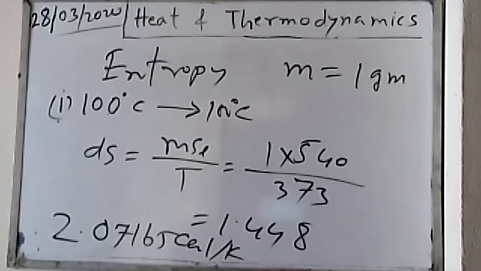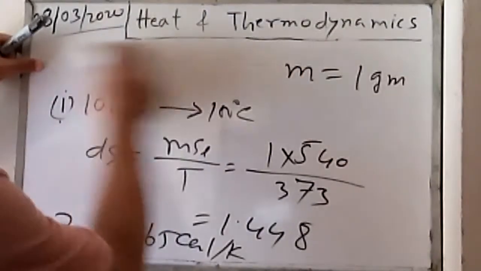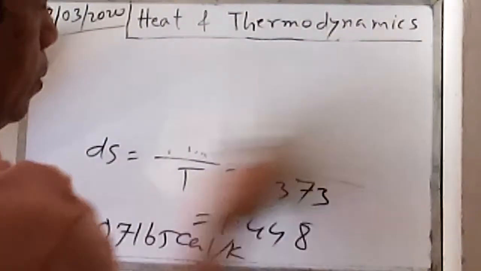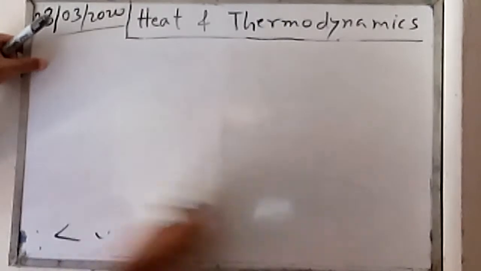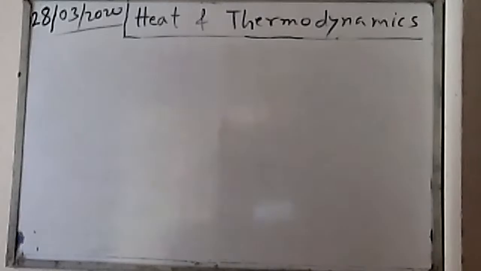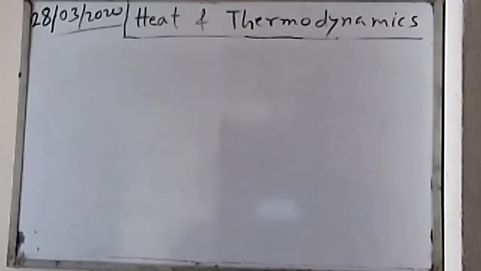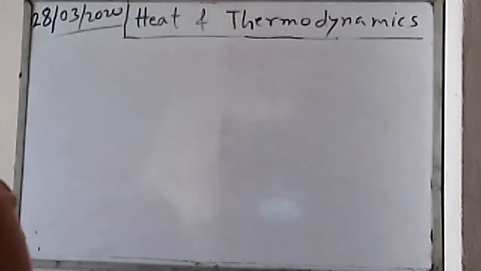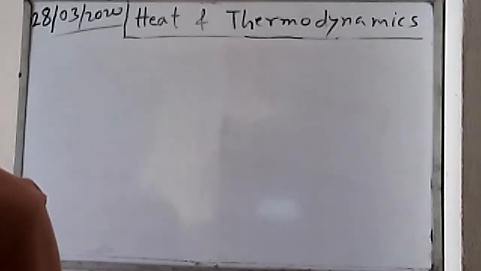Okay, next we will discuss Maxwell's thermodynamic relations. To get the Maxwell's thermodynamic relations, we first have to know about the first law and the equation of change in entropy.